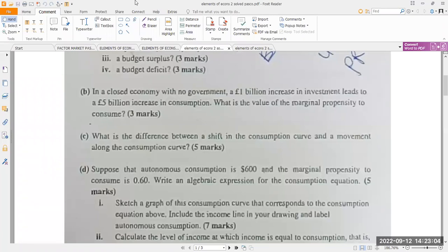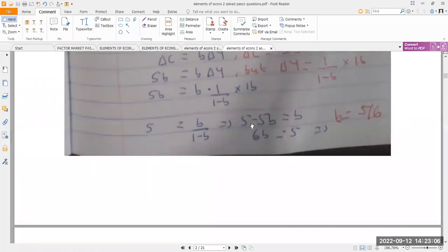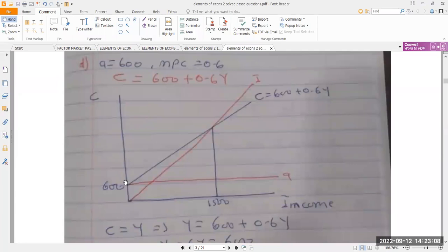All right, let me use the curve. Now, this is the consumption curve, okay? This line here. The consumption curve is drawn with consumption on the vertical and income on the horizontal. So we'll have a movement along the consumption curve whenever there's a change in income.